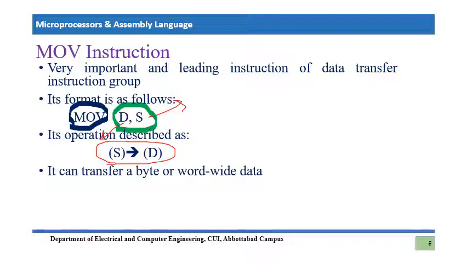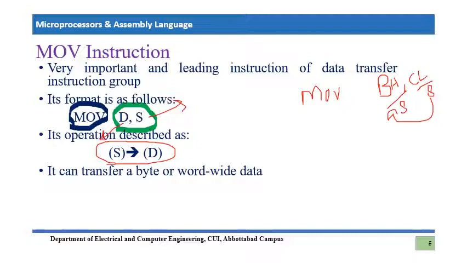It can transfer byte-wide information, and it can also transfer word-wide information. For example, one can write MOV BH, CL. Remember, this is 8-bit information and this is 8-bit information, so 8 bits of information are going to transfer.